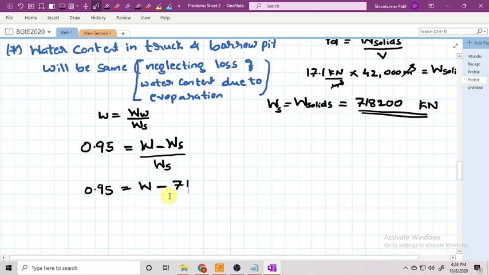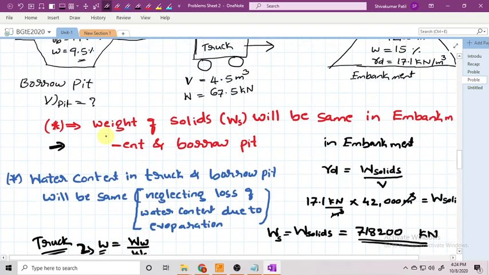Some mistake is here. Whatever water content I am finding out now, I am finding out in the truck, not in the borrow pit. Since whatever water content is present in the truck and borrow pit will be the same, that's why I am using whatever water content is given here.